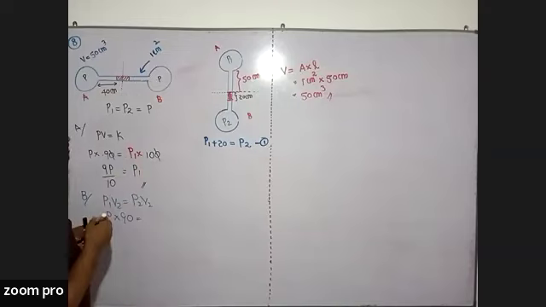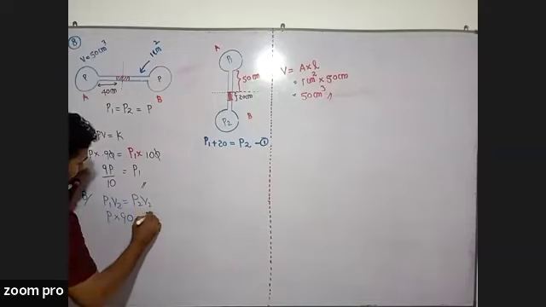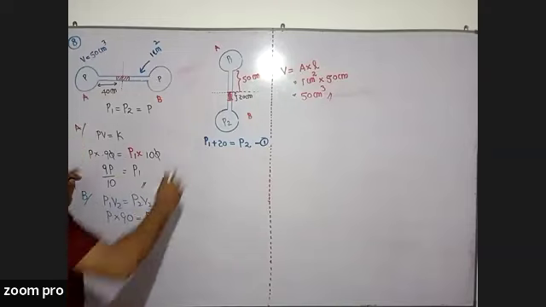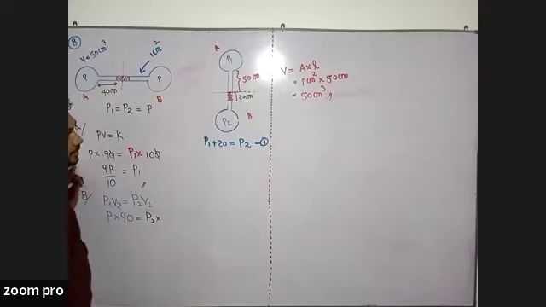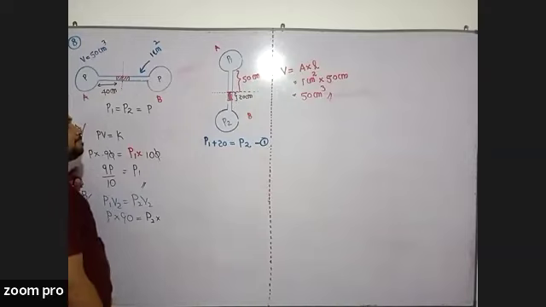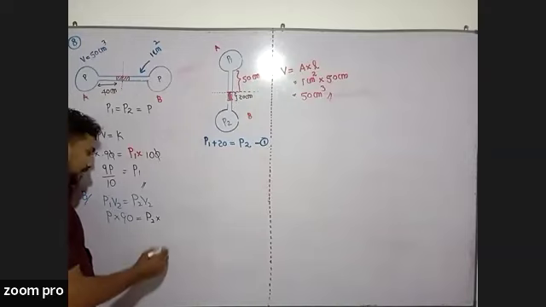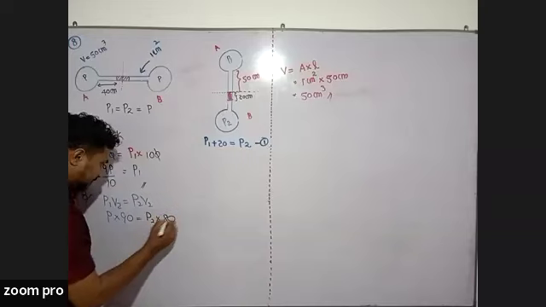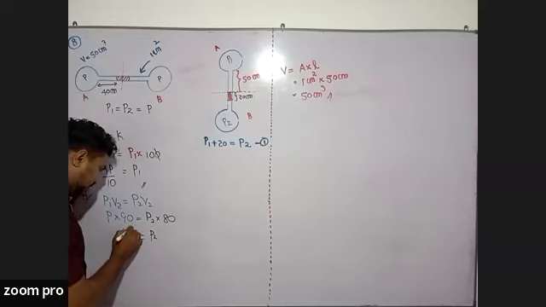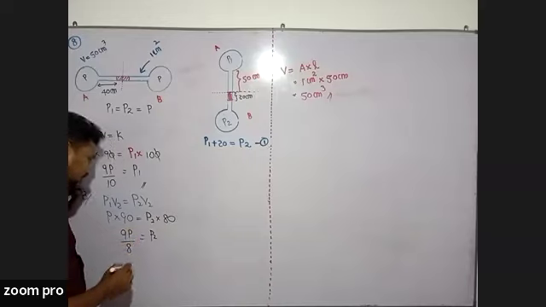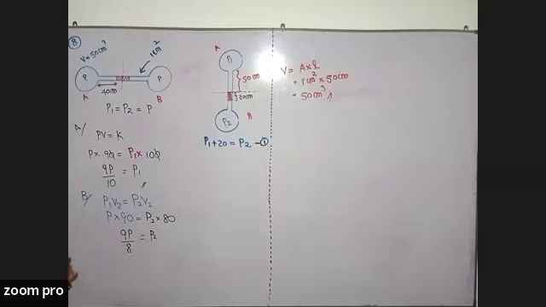At this point, pressure should be equal to P2, and the volume should be 50 plus the volume of this part of the tube, which should definitely be 30, isn't it? So guys, these are the values we can obtain for P1 and P2.